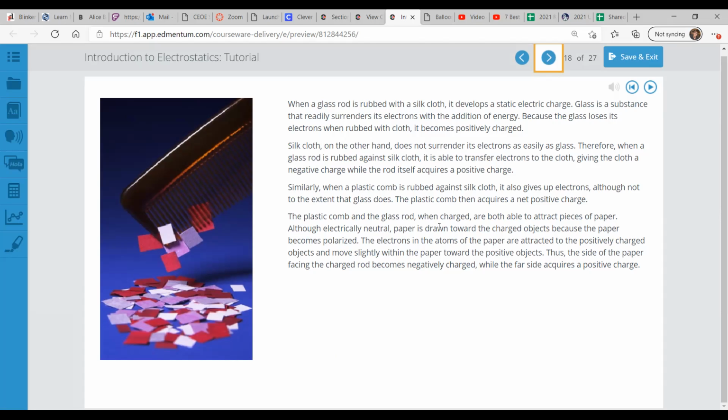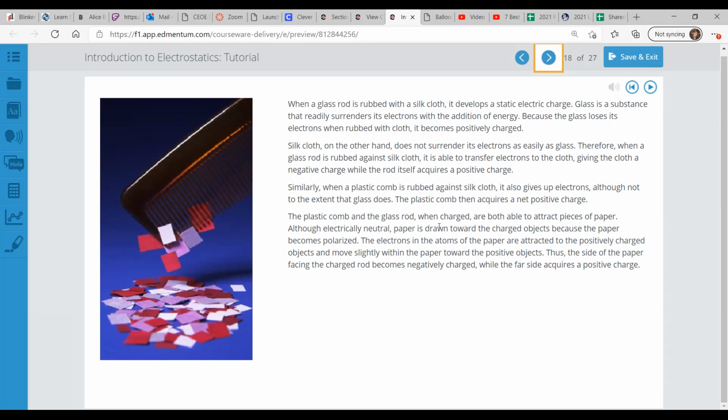Similarly, when a plastic comb is rubbed against silk cloth, it also gives up electrons, although not to the extent that glass does. The plastic comb then acquires a net positive charge. The plastic comb and the glass rod, when charged, are both able to attract pieces of paper.